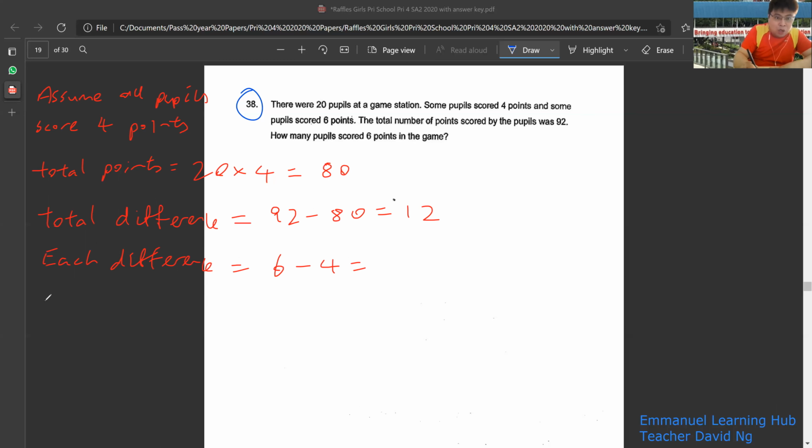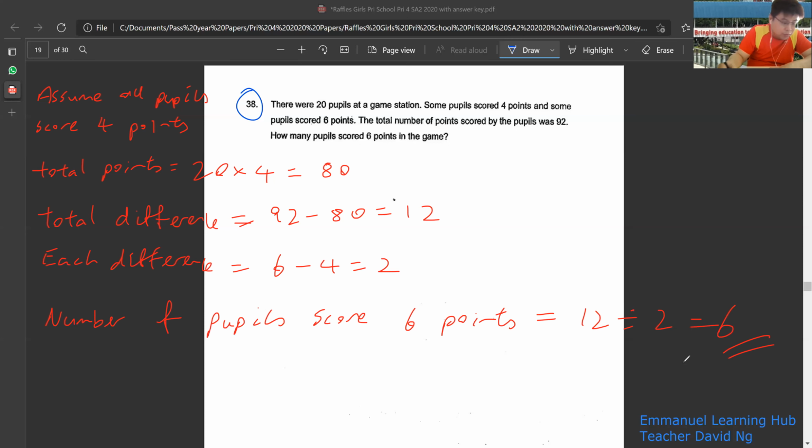So the number of pupils that score 6 points equal to 12 divided by 2 equal to 6. Understand?